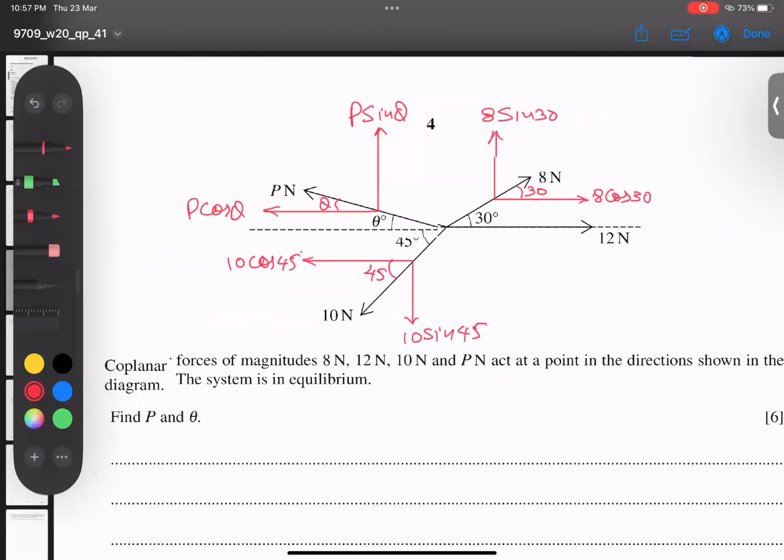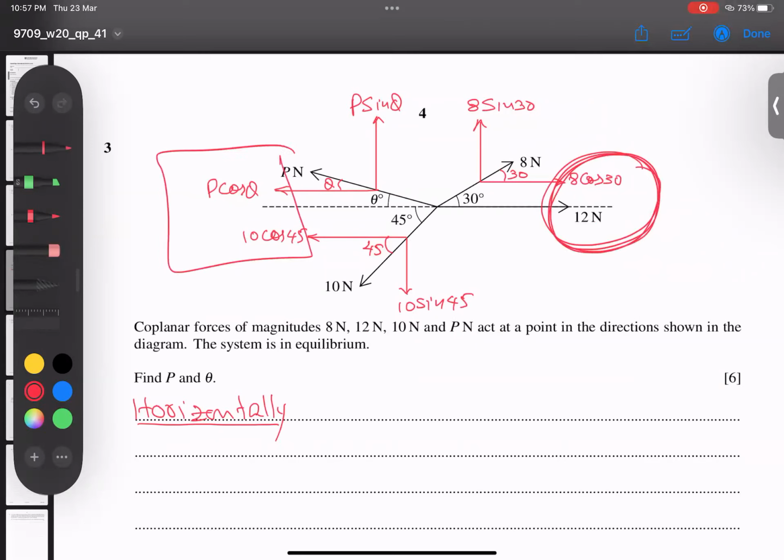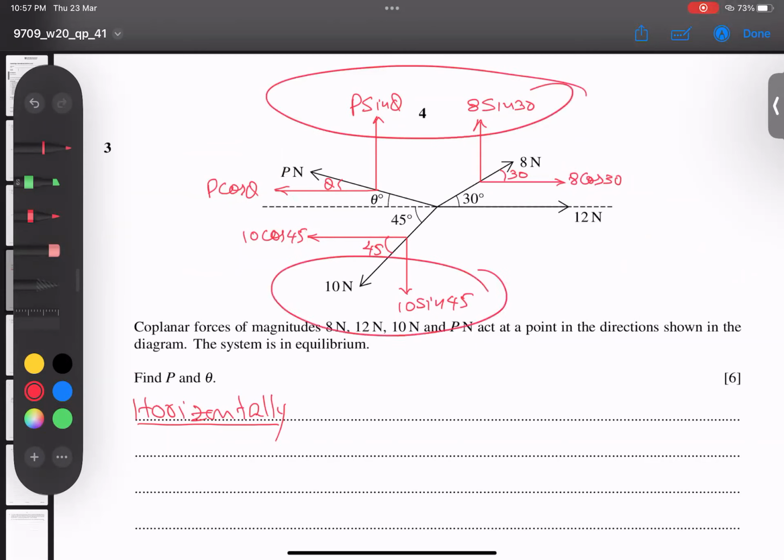Now if you look carefully, first horizontally, what is the situation? The rightward forces, these two, are equal to the leftward forces. Don't talk about up and down, okay? Up is these two and down is only this one.